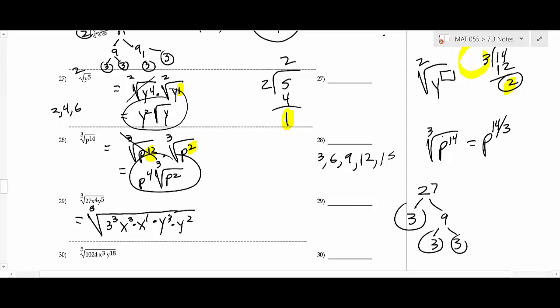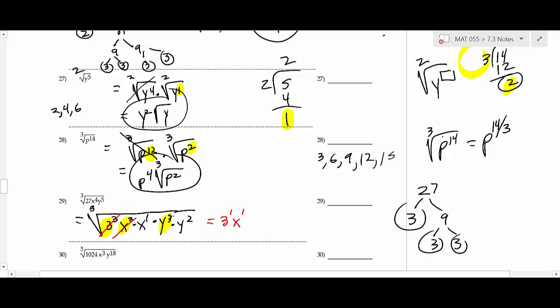All of these things that I'm highlighting come out of the radical. How come? Because 3 goes into 3, right? So they are going to come out. The cube root of 3 to the third is 3 to the first. It's out of the radical, right? What's the cube root of x to the third?